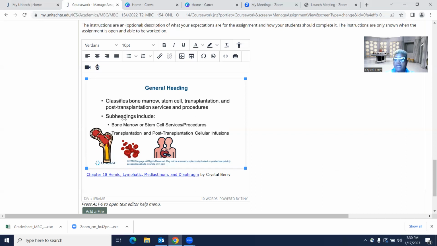Subheadings in the general heading include bone marrow or stem cell services, procedures, transplantation, and post-transplantation cellular infusions, when they're transferring stem cells or bone marrow from one patient to the next. These are diagrams to help you understand what they're talking about.